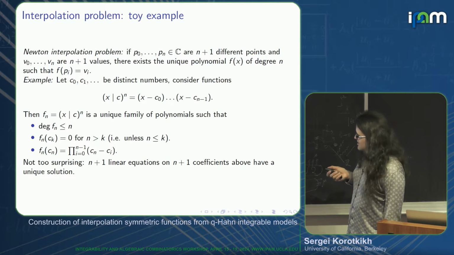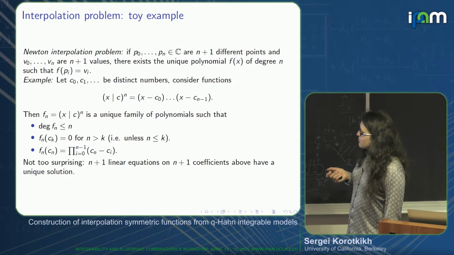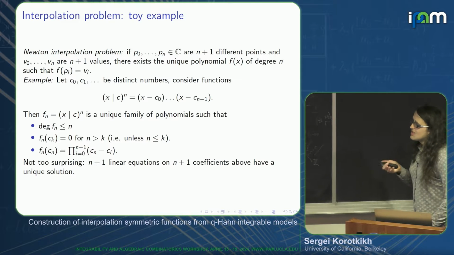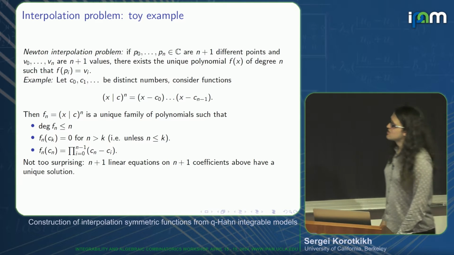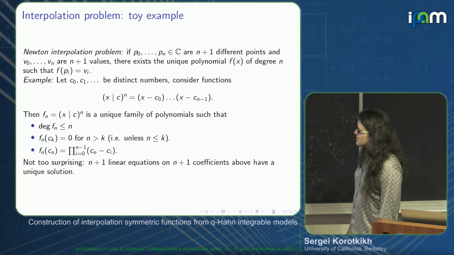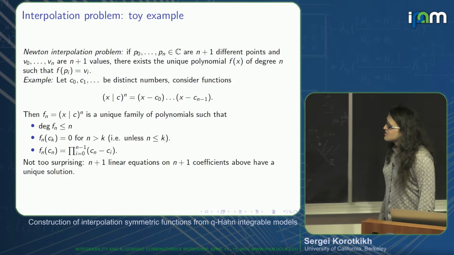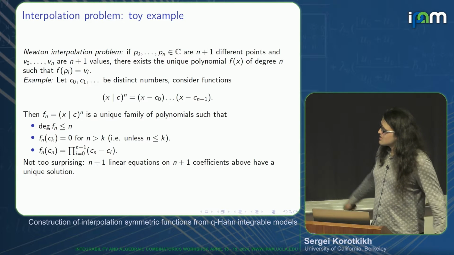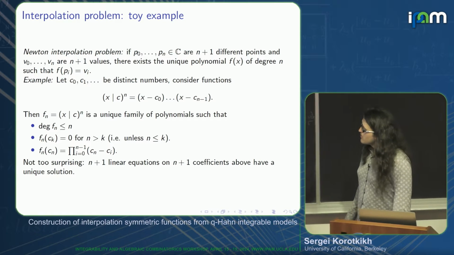Let's define these shifted powers of x, where the c are some parameters, which I will assume to be distinct numbers. It doesn't really matter, as long as they are distinct elements of some field of characteristic 0, it will all work.